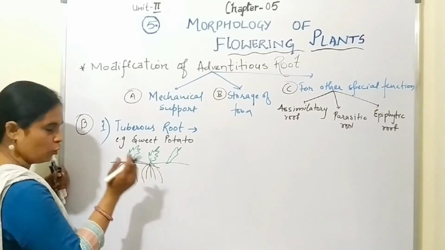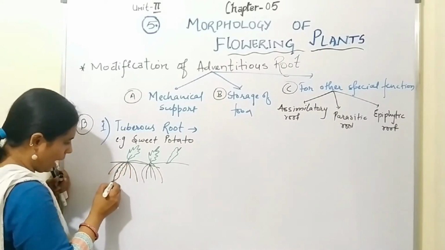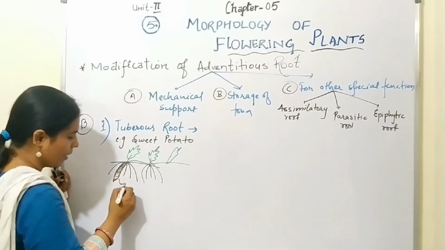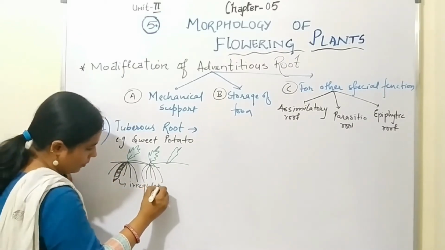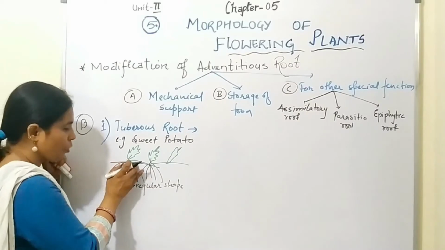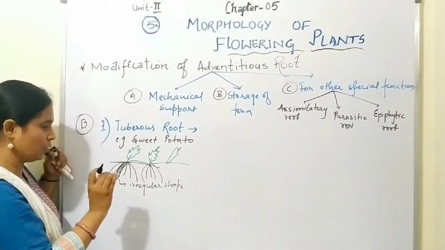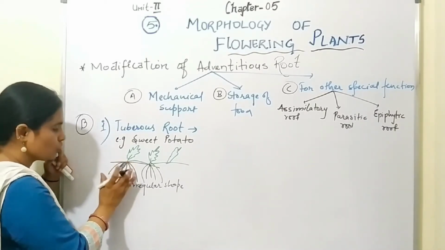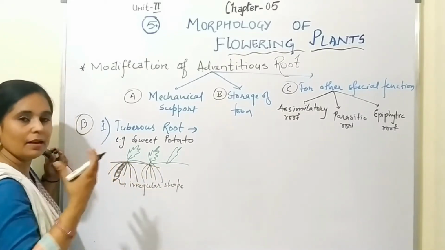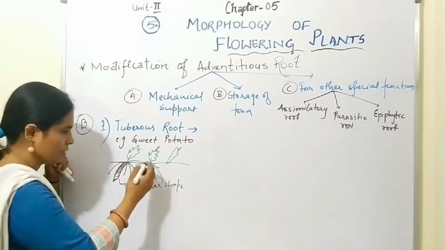Out of so many roots, only one root will store the food and it will increase in area, and it has an irregular shape. That is why we call it a tuberous root. So remember this, from the node of the stem, this is the underground modified part of the root. From the node of the stem, so many roots are coming out, and from these roots, only one will store the food and it will become an irregular swollen structure. Same here.